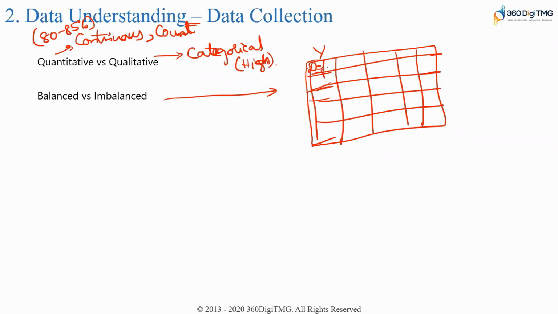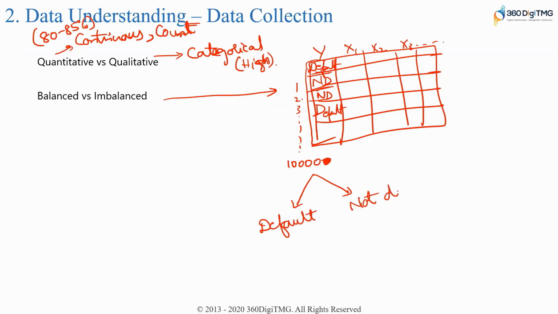Say you're trying to build a model which says whether a person will default or not default, and you have age, gender, income, all those, and say some 100,000 observations. Here, default and no default. So you have a two class problem: one is default, another is will not default.